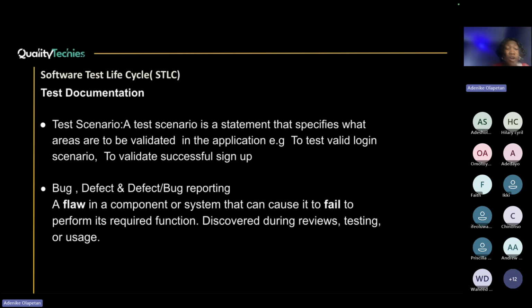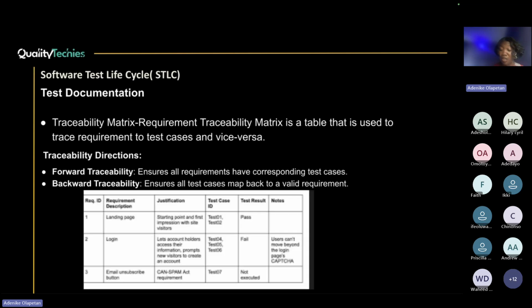Some people call it bug, but the formal name for it is defect. So from now henceforth, I want you to be calling it defect. Bug is an informal term, although they are used interchangeably. So whenever they say bug, you should always know that they are referring to defects. But as a QA professional, you refer to it as defect.